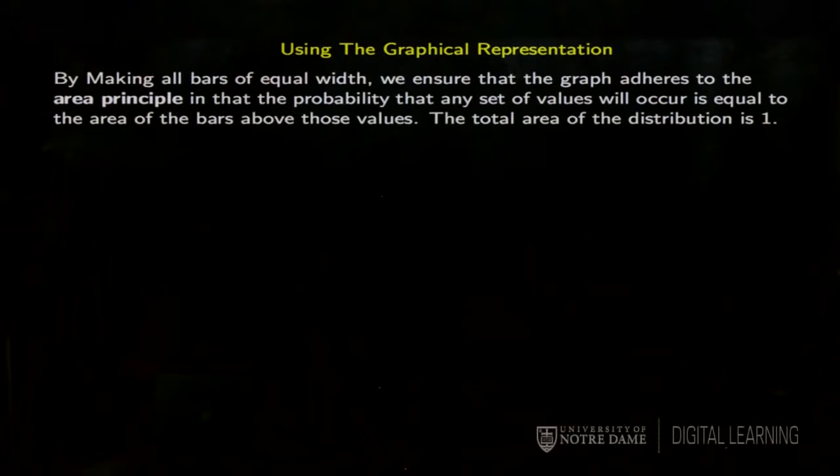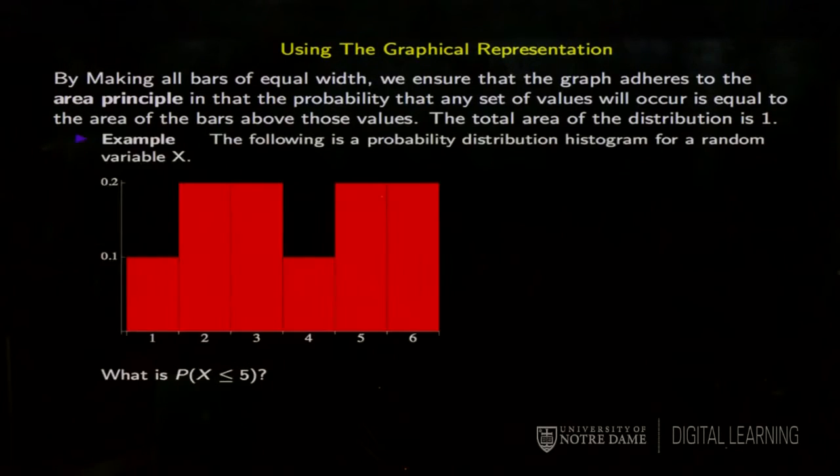How do we use this graphical representation? Well, the graphical representation contains all of the information we need about the probability distribution. So we can actually use it to calculate probabilities. The total area of the bar graph we draw should be 1 if the base of each of the rectangles equals 1.